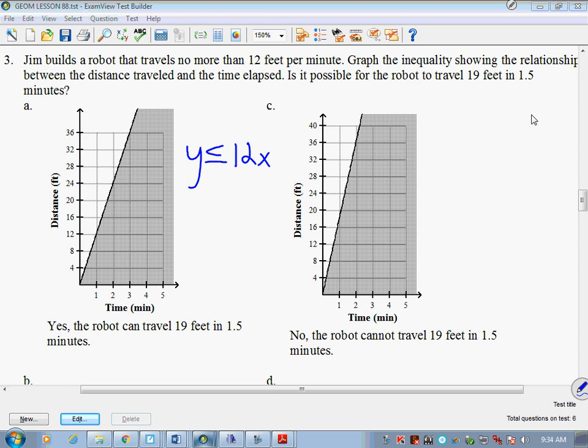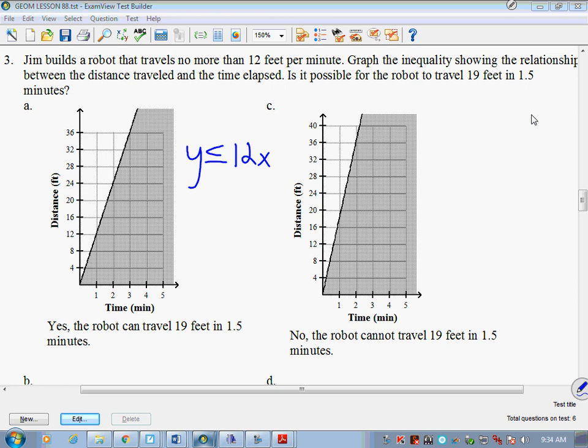All right. So we're talking about a minute and a half, right? Well, let's take 12 times 1.5, because that's my time, correct? What's 12 times 1.5?